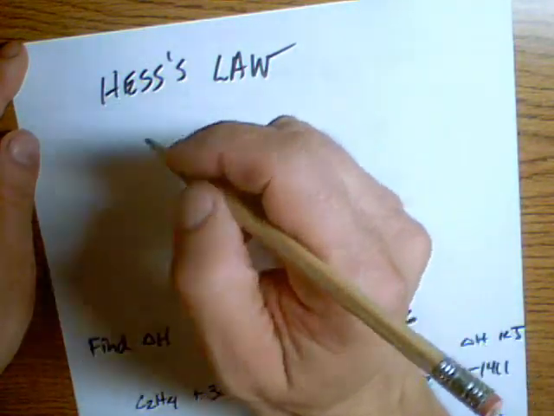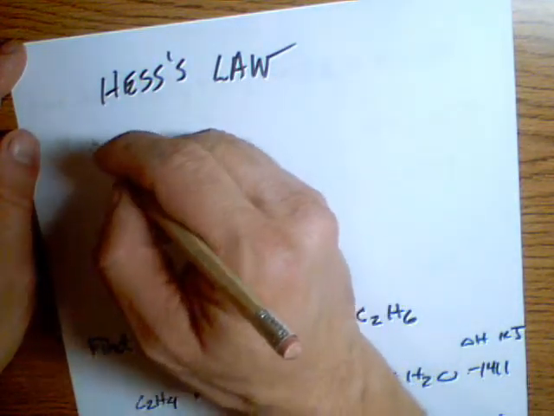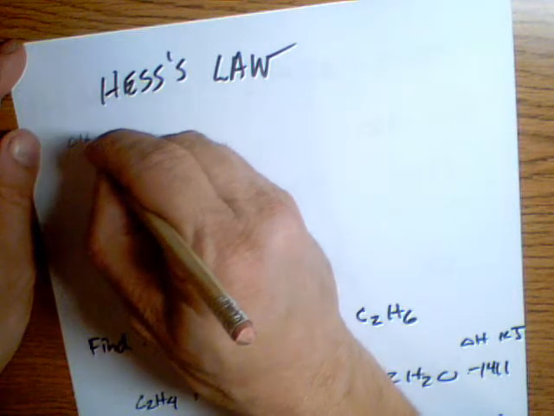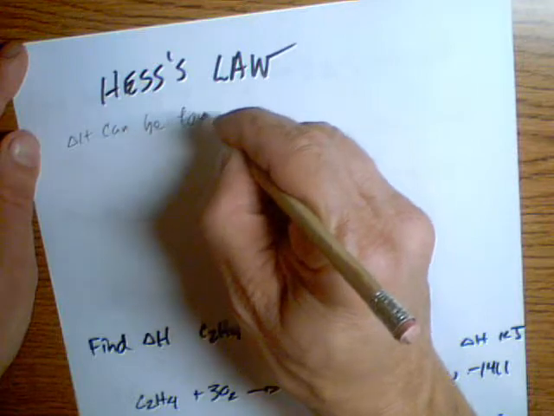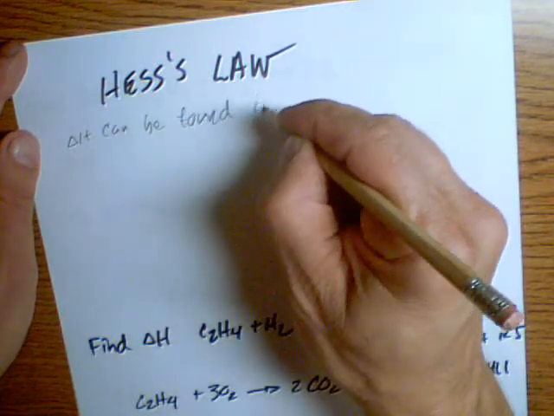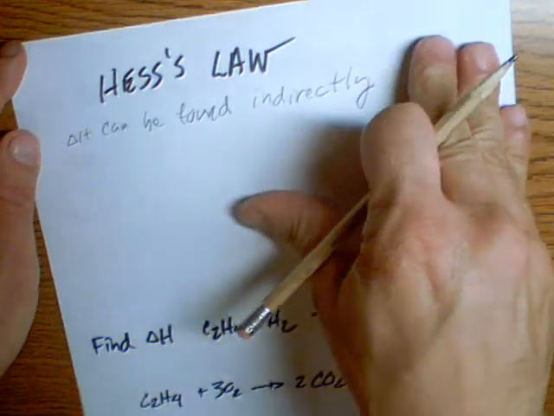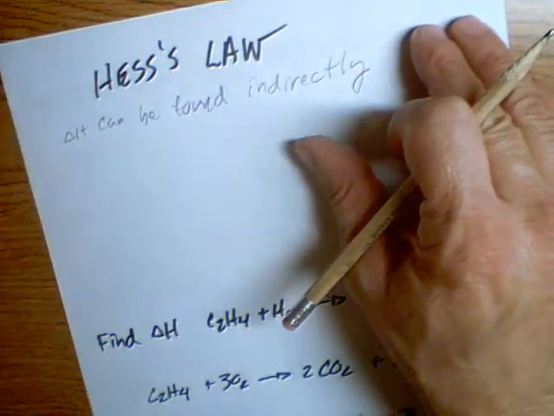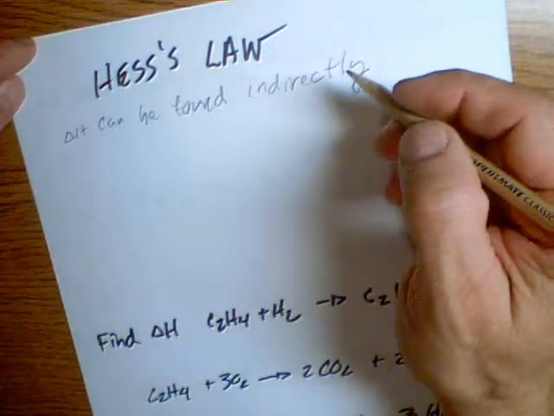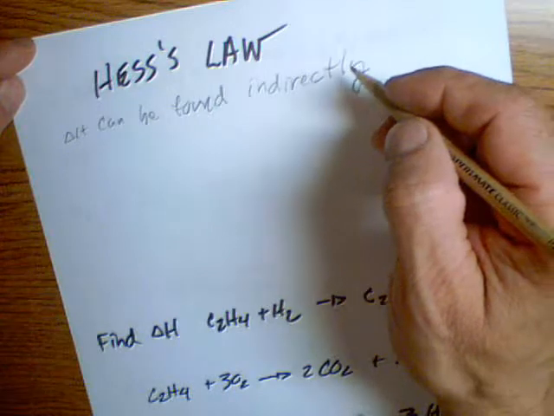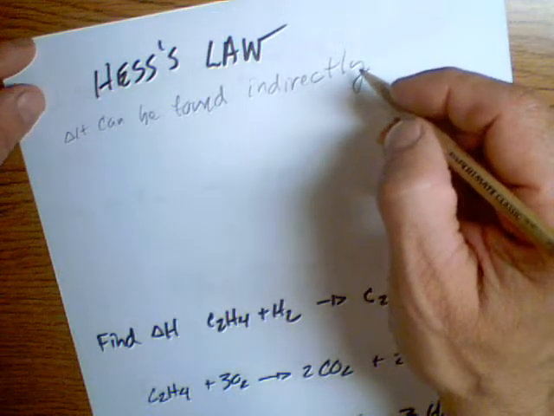Now, we're looking for delta H, and what Hess said was that delta H can be found indirectly. We're going to find delta H indirectly using the delta H values for any set of reactions that yield the desired reaction.